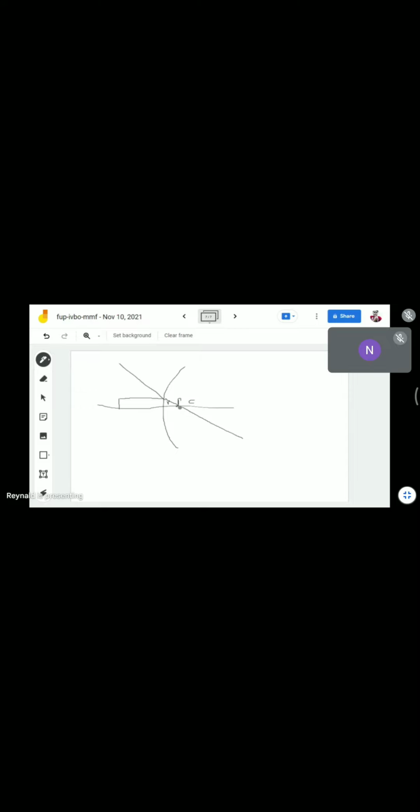Now, we have the FP ray. So, ang sabi sa FP ray is a ray of light traveling through the focus and reflected parallel to the principal axis. Okay, paano naman po ang itsura niyan?